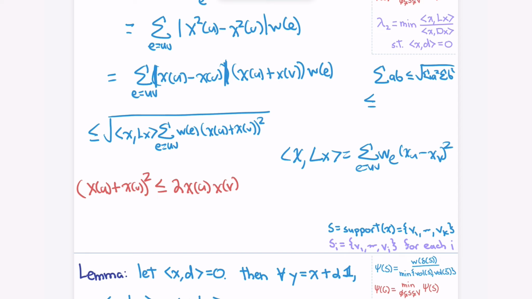I don't know if that's technically right. Well, there's a factor of 2, right?